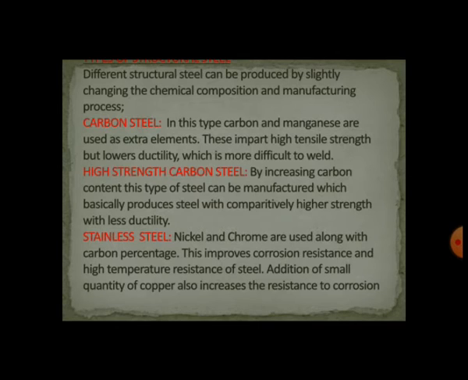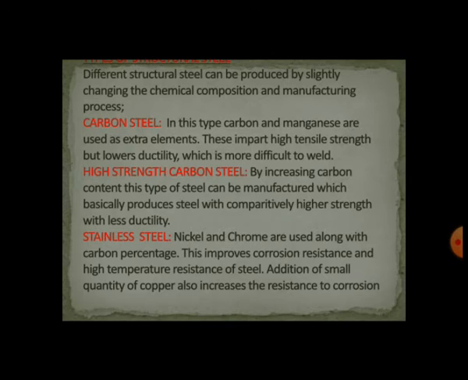This imparts high tensile strength but lowers ductility, and it is more difficult to weld. So always remember, when you increase carbon content, the strength increases, but the ductility gets reduced.